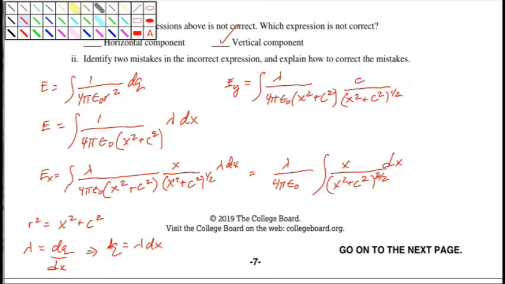And then we have our lambda dx in there again. When we bring all of this together, we'll bring the constants up front: lambda c over 4 pi epsilon naught times the integral of 1 over x squared plus c squared to the 3/2 dx.